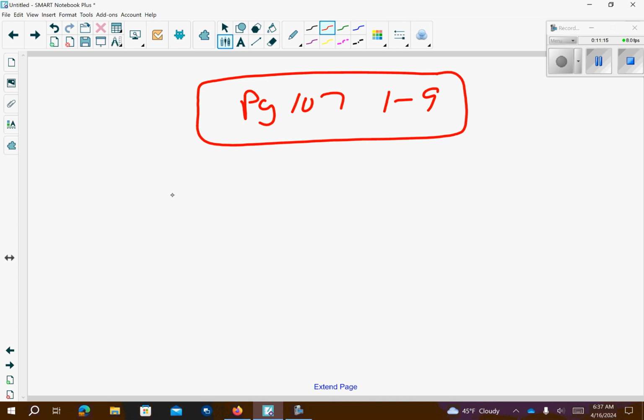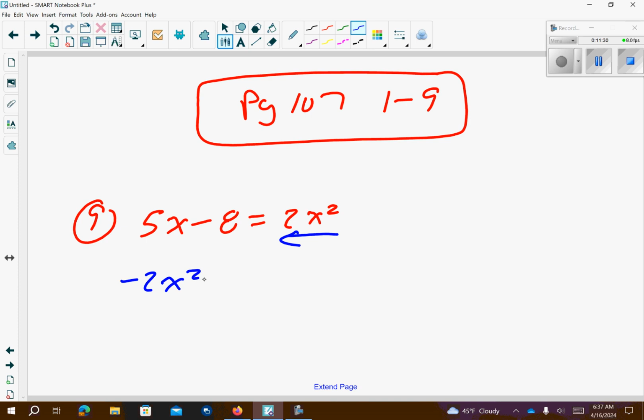But the main thing on page 107 is if you take a look at, say, number 9, you get 5x minus 8 equals 2x squared. You have to move this over. So subtract 2x squared. That's a positive 5x. And that's a negative 8. So make sure it's equal to 0.